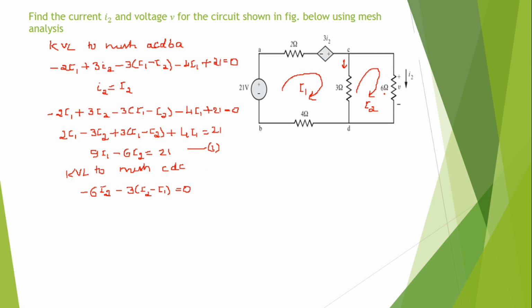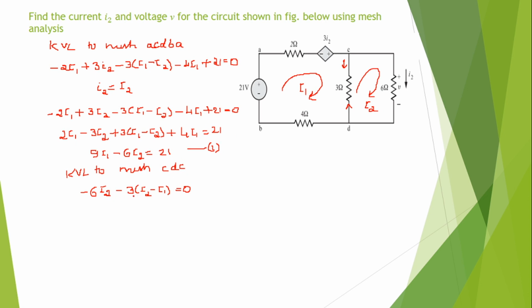Why minus 6I2? The path direction is C to D, and current I2 is also flowing from C to D, so the path and current directions are the same, so minus 6I2. And for minus 3(I2 minus I1), the path direction is D to C and the current I2 minus I1 flows from C to D, so it is minus.